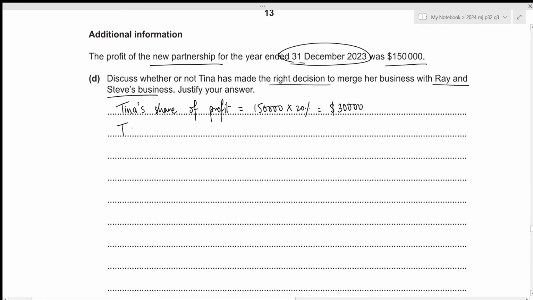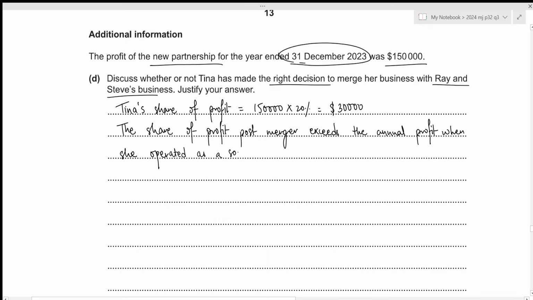The share of profit post-merger exceeds the annual profit when she operated as a sole trader. Okay, these two will act as the advantages.